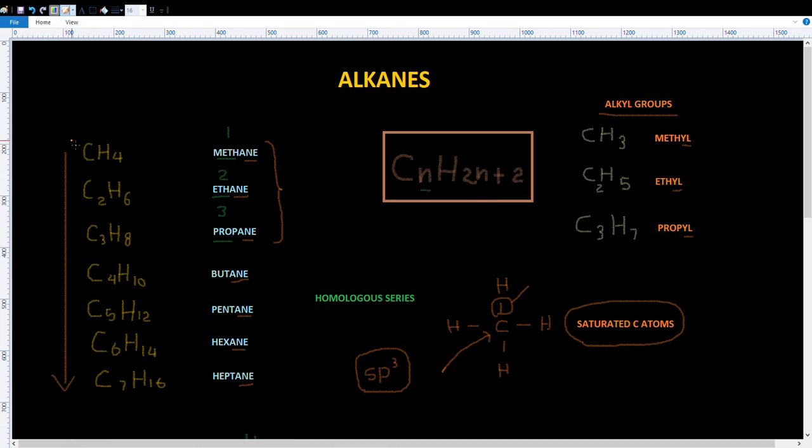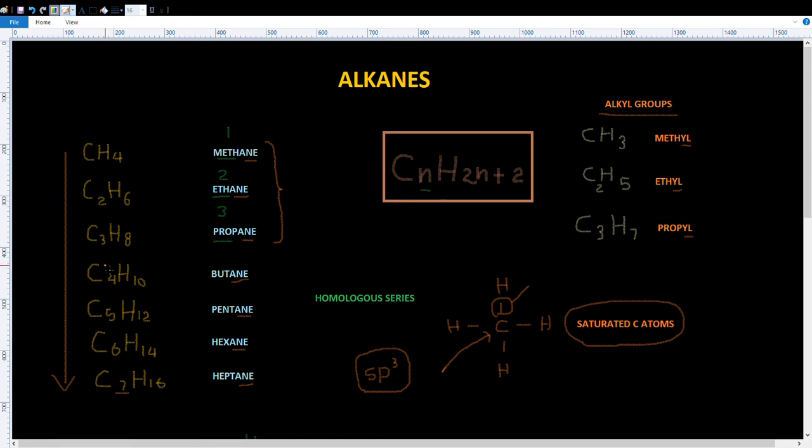As you see, when we go down this homologous series, the number of carbon atoms increases. When the number of carbon atoms increases, the molecular weight increases. When the molecular weight increases, the dispersion forces increase.